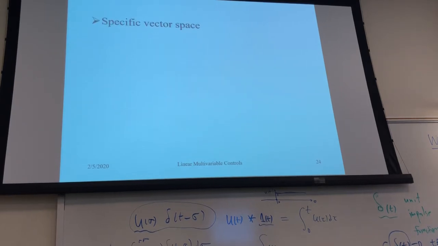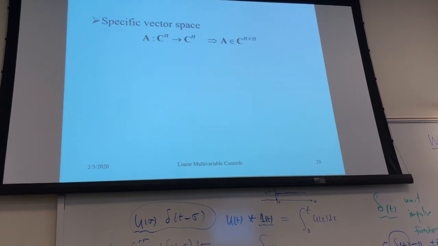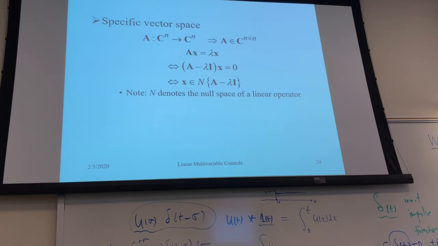So let's talk about matrices. A is an n by n matrix right now. This is actually a more general abstraction, saying L is a linear operator. A matrix is just a special case. A linear operator from C^n to C^n gives you an n by n matrix. Then you have A minus lambda I, where I is the identity matrix, times x equals 0. So what you need is a null space. x lives in the null space of A minus lambda I, which is called the null space of a linear operator.